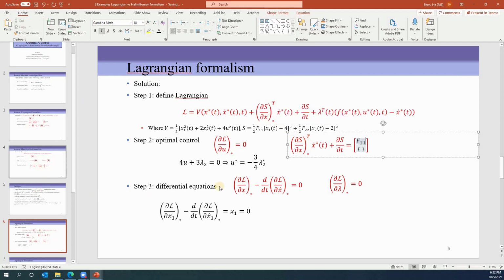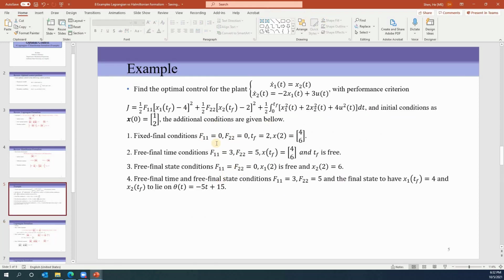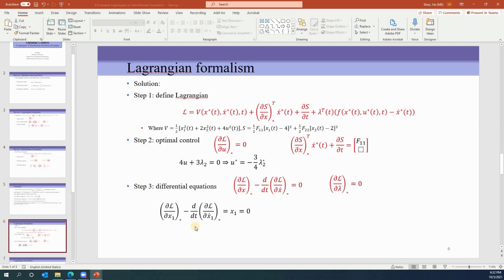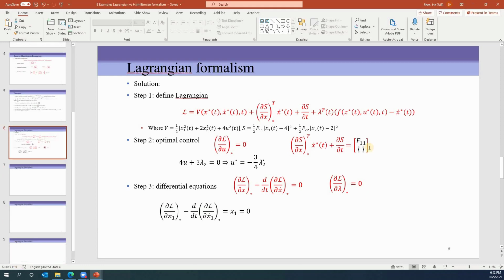So if we look at the problem, the f11 are constants. No matter which condition, they are constants. So we just use f11 there, and take this term with respect to x1. So we have a 2 times x1 minus 4. That 2 will be cancelled with the former half. So that is x1 minus 4.